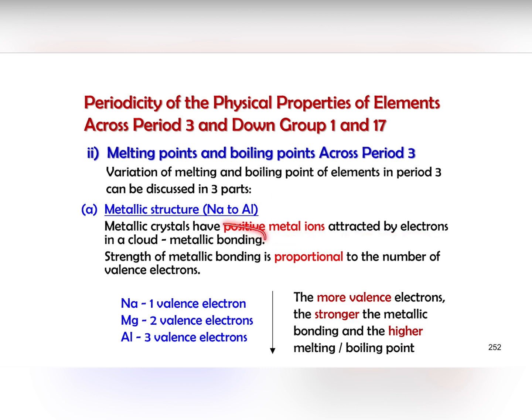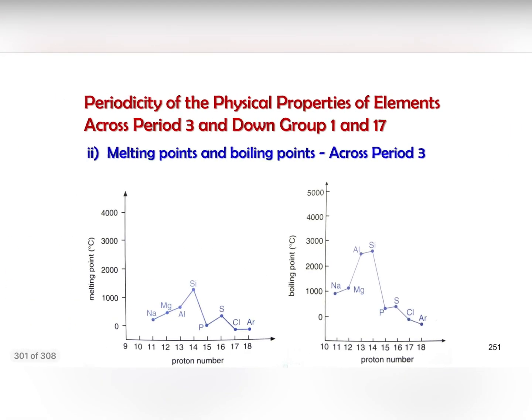This is what we call a metallic bond. The strength of the metallic bond, as we discussed, is directly proportional to the number of valence electrons. So the more valence electrons, the more the strength will also increase. This is the explanation for the trend for sodium, magnesium, aluminium, why there is an increase.